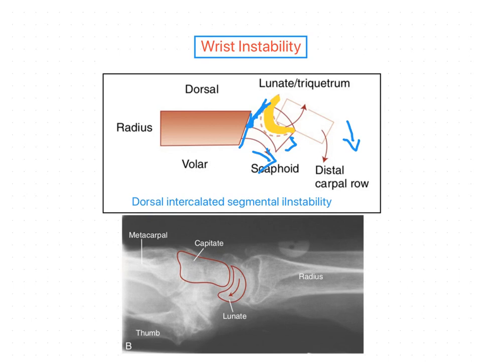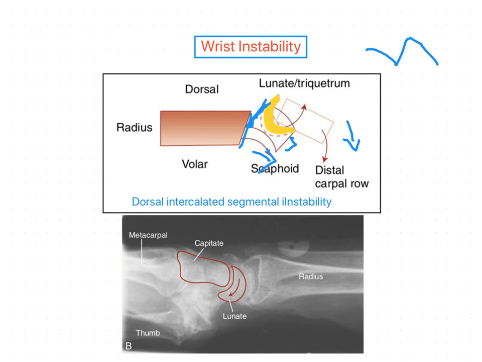That means the scaphoid is going to flex like this, and then the lunate and triquetrum are going to extend like this, and again the distal carpal row is going to flex. How is the appearance? It has a zigzag appearance, and this condition is called intercalated segmental instability.